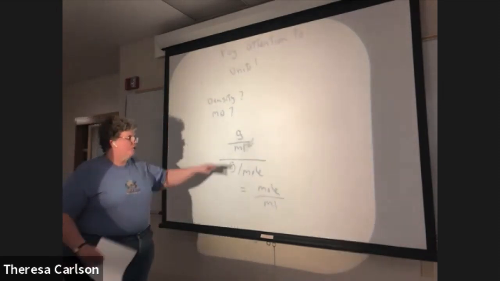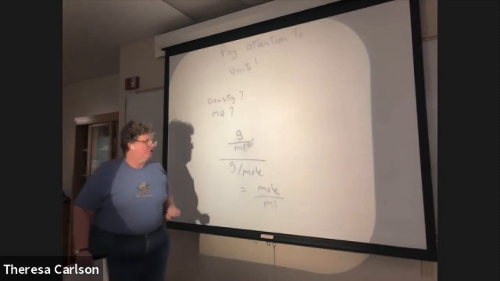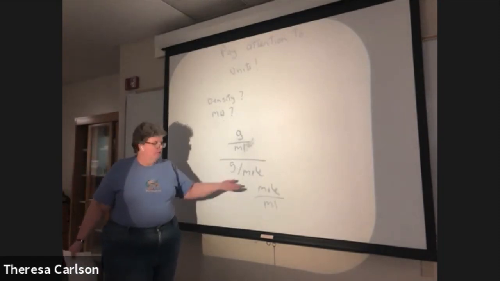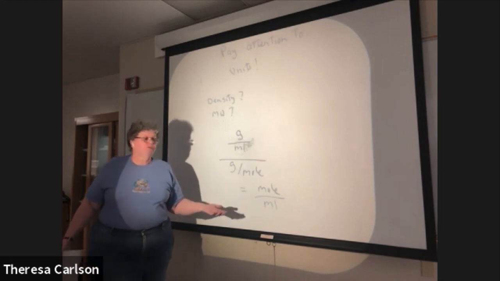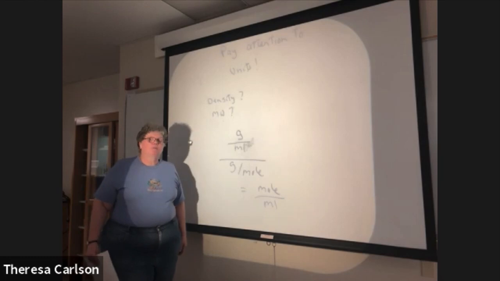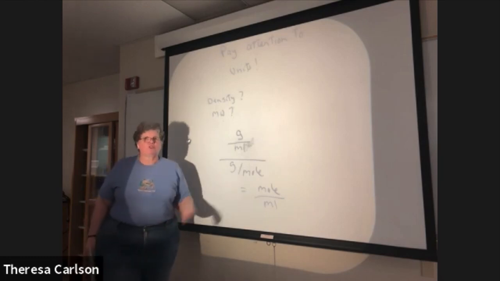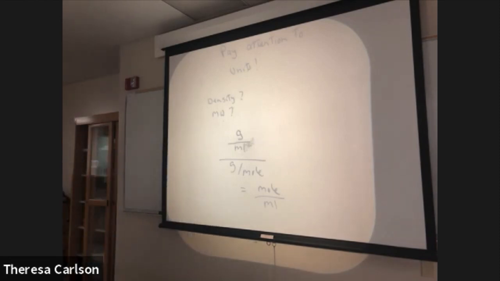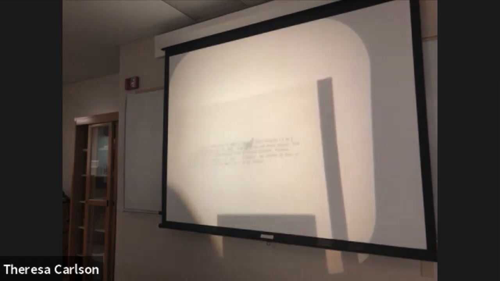So then you can say, well, grams per mil divided by grams per mole, and now I have moles per mil. Well, maybe that's not a useful unit for you, but maybe molarity is. Well, moles per mil to moles per liter, you should know the metric system, so you should know how to change those units. So let me give you an example of a problem that uses this.